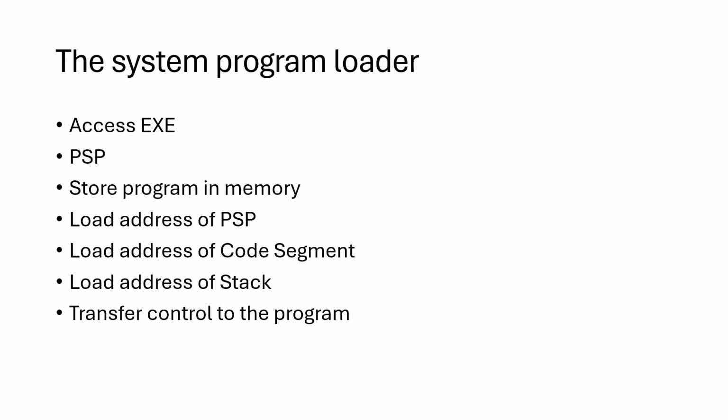In the second step, it will construct a 256 byte program segment prefix on a paragraph boundary in the internal memory. This program segment prefix is where all the data structures and the information required by the CPU for accessing the different parts of the program are stored.